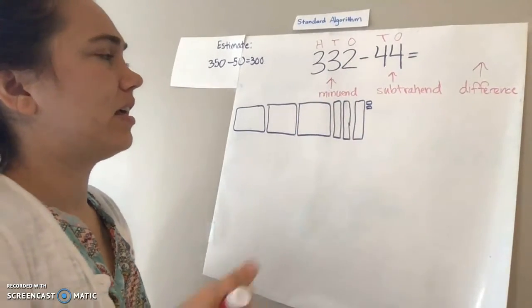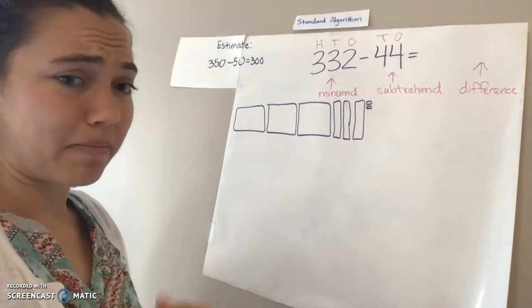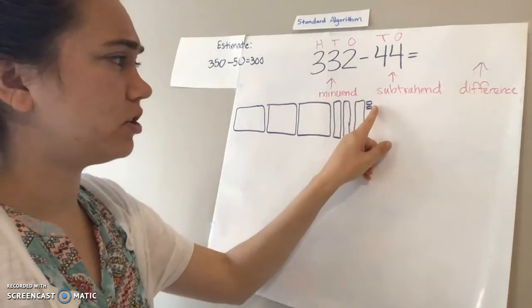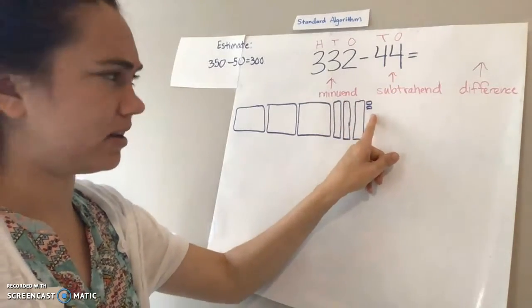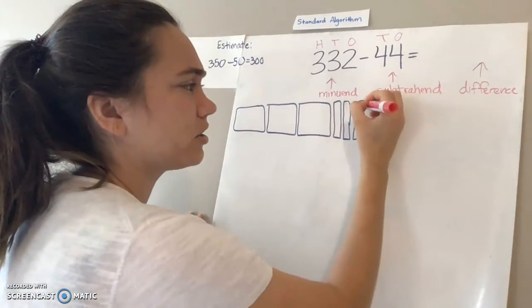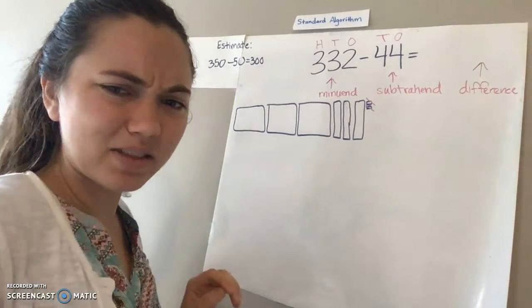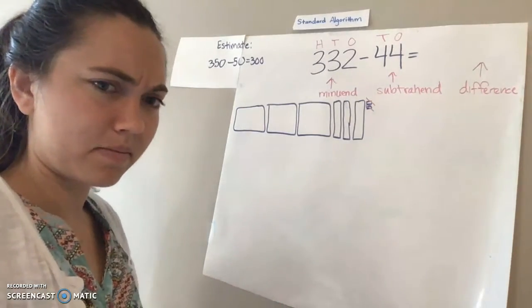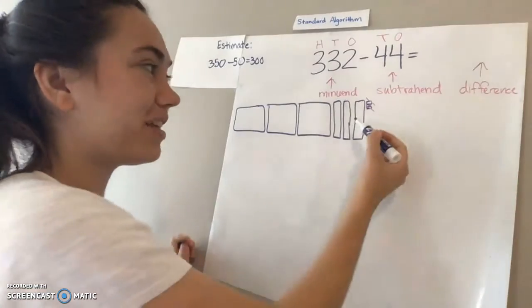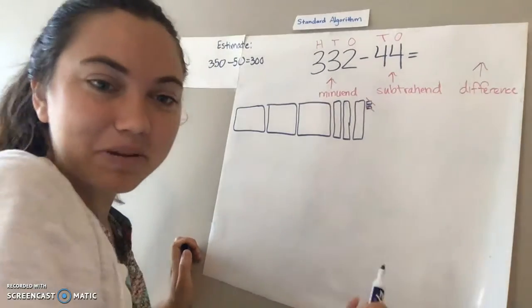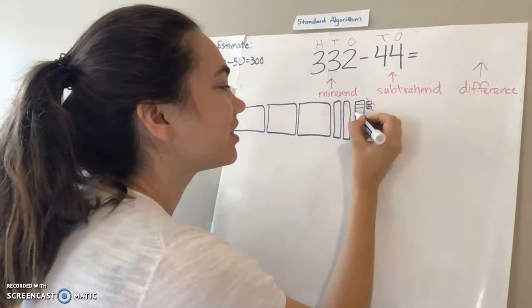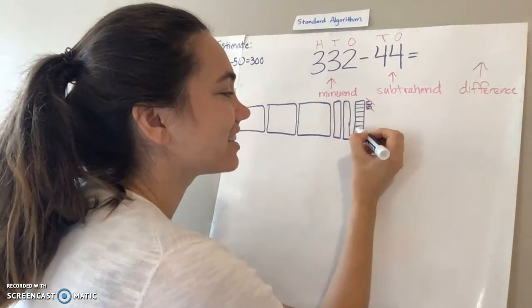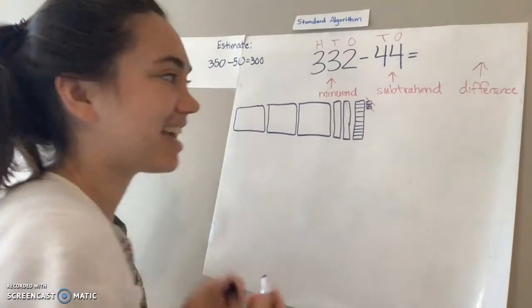So I'm ready to take away my ones. 1, 2. Wait, I'm supposed to be taking away 4 ones. 1, 2. Where can I get those other ones from? Oh, well, isn't a tens rod just made up of 10 ones? 3, 4, 5, 6, 7, 8, 9, 10.